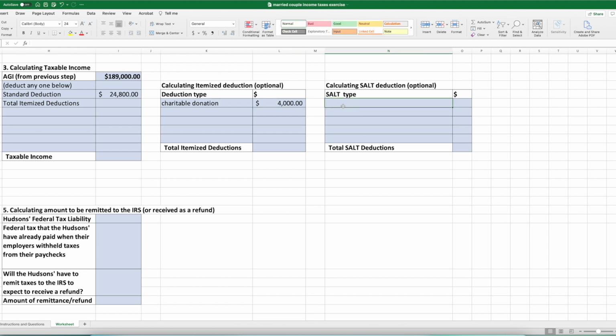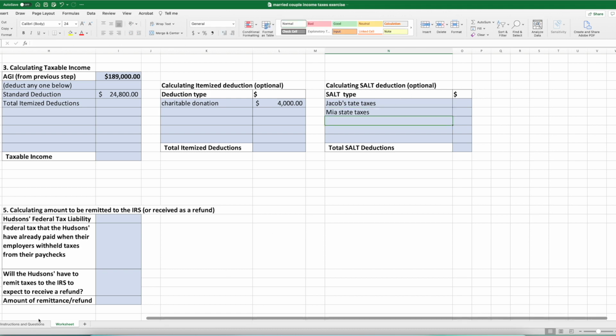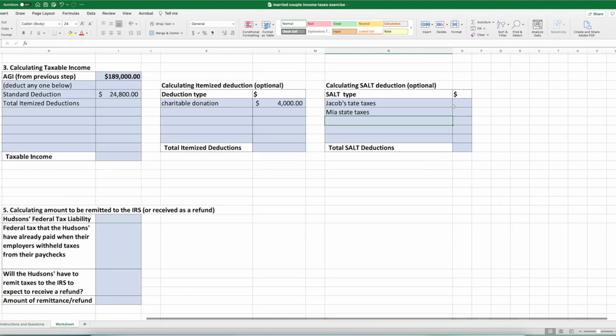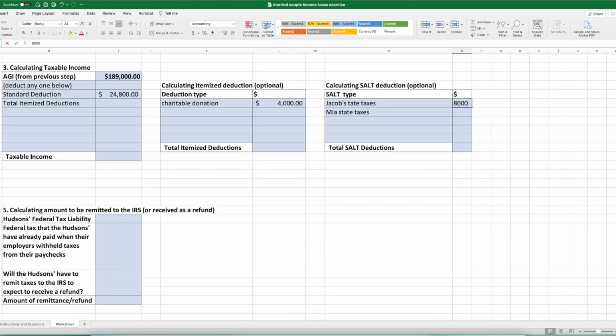So how much did Jacob pay in state taxes, and how much did Mia pay? Jacob paid 8,000, Mia paid 3,000. So let's put those numbers there.